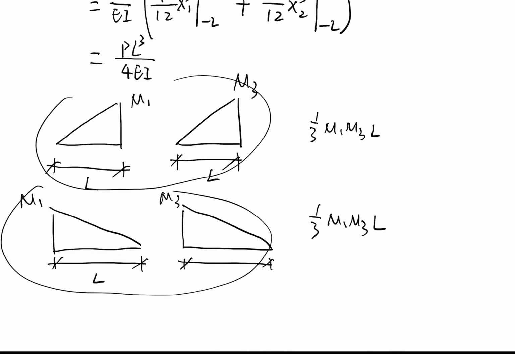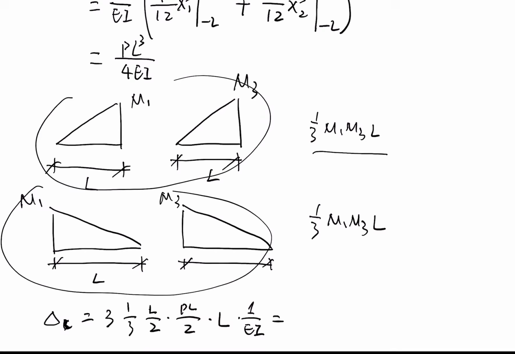So in total, the deflection is equal to three pairs. For each pair, the expression can be given by m1, m3. m1 we can find is L over 2. M3 we can find is PL over 2, times L, times 1 over EI.